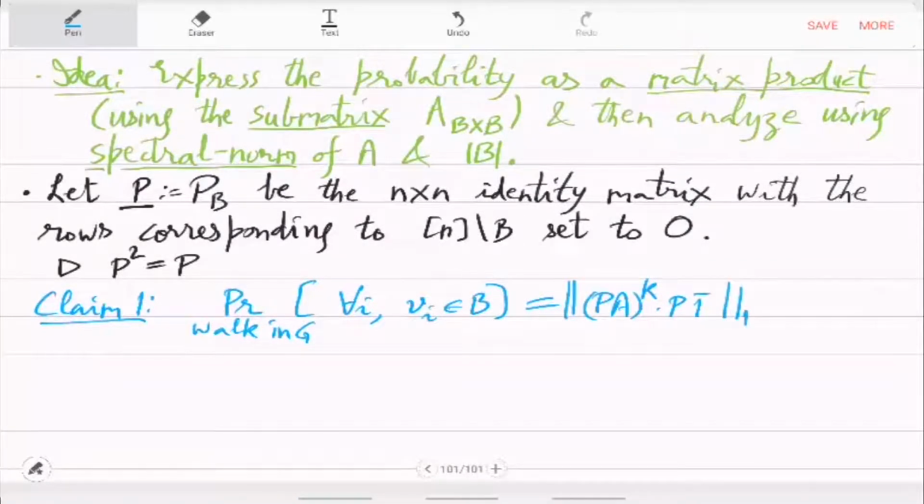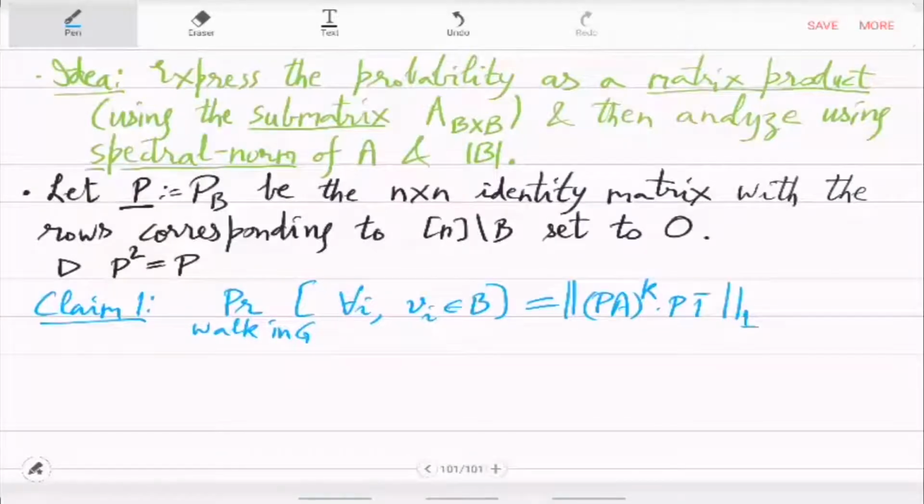A random walk is very tightly related to the matrix powers of A. But since here you don't want to go outside B, you always want to remain in B, you should do matrix powering on P times A, on this submatrix. And so you will get a probability vector, and then you take the one norm, you sum the probabilities.